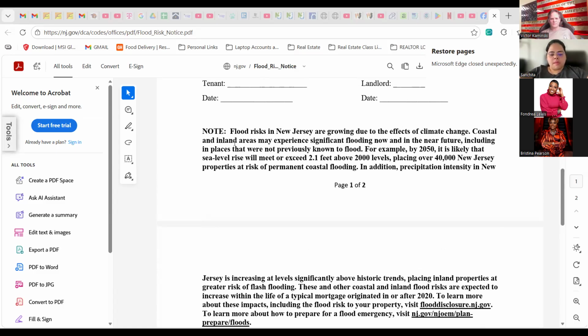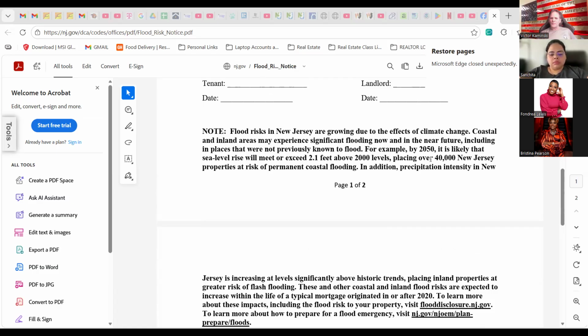And then they go on to some kind of climate change rant here about the flood risks in New Jersey are growing due to the effects of climate change. Coastal and inland areas may experience significant flooding now and in the near future, including in places that were not previously known to flood.